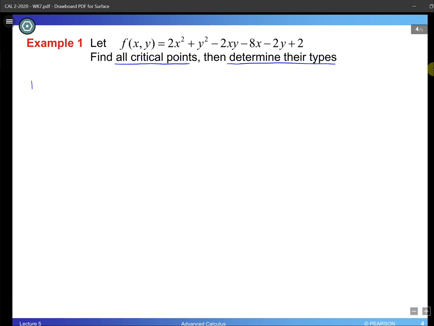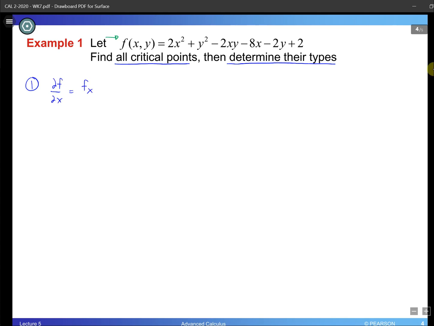First, we are going to perform the first derivative test. And in order to do that, we need the first order partial derivative of f with respect to x, and we can call that f sub x, like this. So we need to differentiate this function right here with respect to x only.